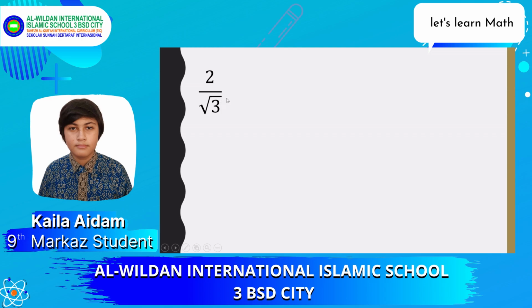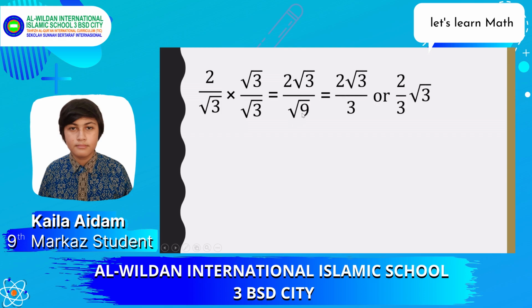In this case, it's square root 3. So 2 times square root 3 divided by square root 3 times square root 3, which is 2 times square root 3 divided by square root 9. So the answer is 2 times square root 3 divided by 3, or 2 divided by 3 times square root 3.